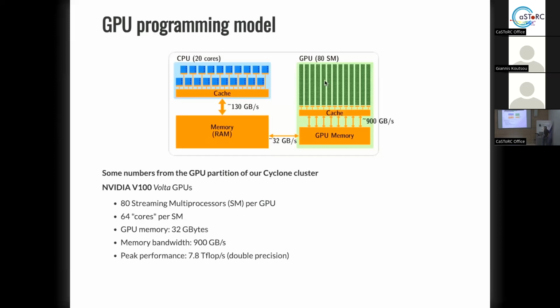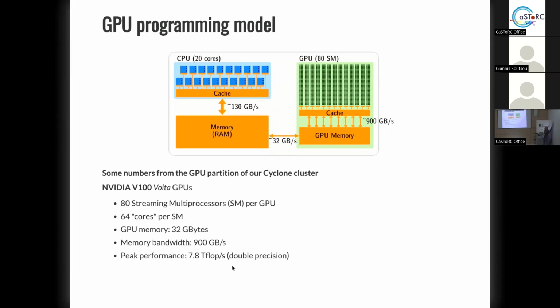And these are some numbers of what you can expect from the different components. Memory bandwidth, as we said, is 900 gigabytes per second. Here I'm talking about the bandwidth at which you can read data from GPU memory to the GPU cores or write data back out.